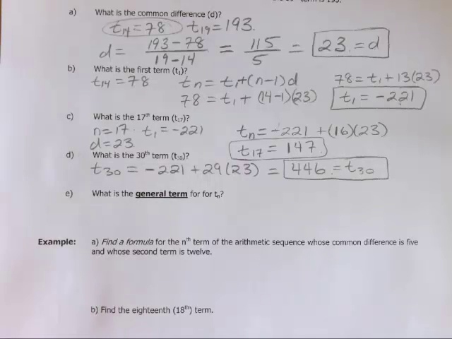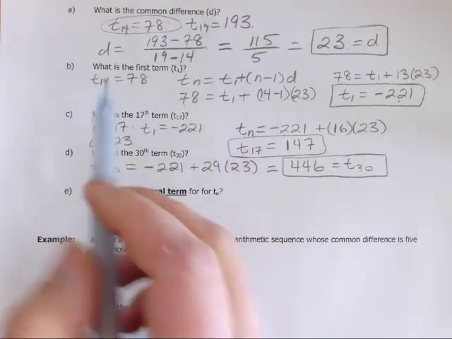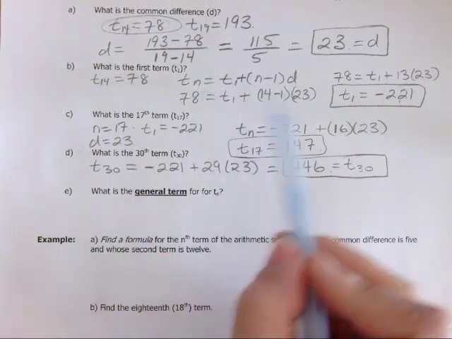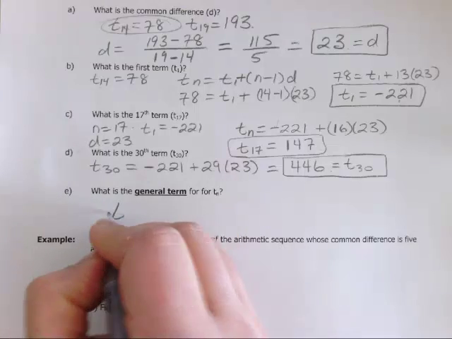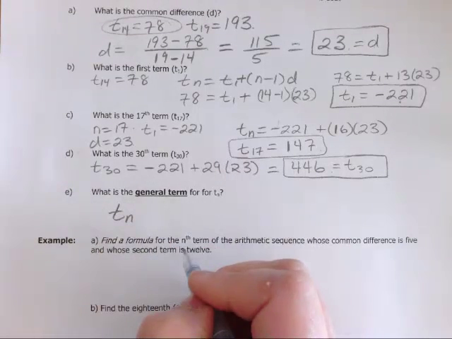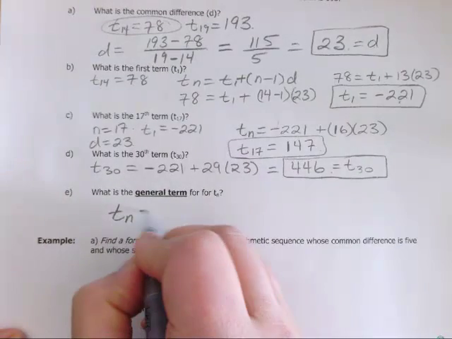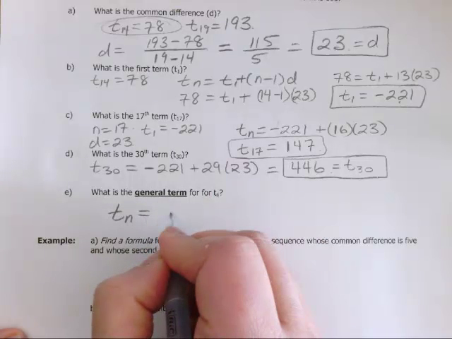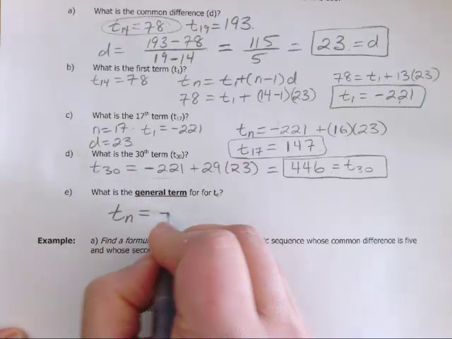All right, what's the general term? Well, the general term is basically the general equation that you're going to use to find any term in the sequence. We pretty much found it up here, right? So it's basically saying, if I didn't know what the value of n was, if I didn't know which term I was looking for, how would I be able to figure that out? Well, T1 is always the same.